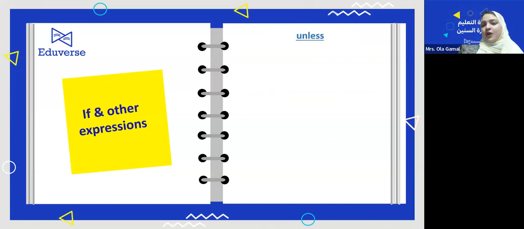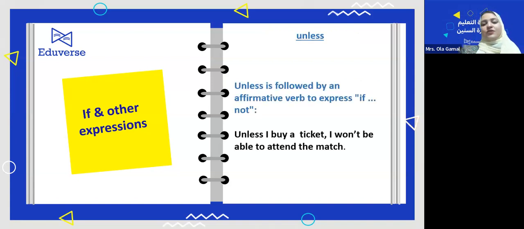Let's move here to "unless." Unless is followed by an affirmative verb, and all of us know this, to express "if not." So if the sentence is negative and you're going to use unless, the verb must be affirmative. Okay, like this example: unless I buy a ticket, I won't be able to attend the meeting.